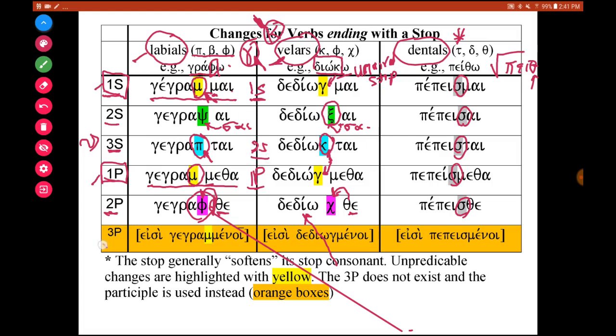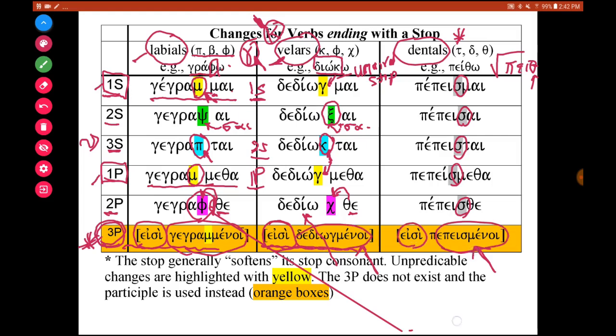Lastly, the third person plural. Notice that I highlighted it in orange, and the reason why I did that is because the third person plural, for reasons of history, dropped its form, and so Koine Greek no longer uses the third person plural. Instead, it uses a form of eimi plus the perfect participle.